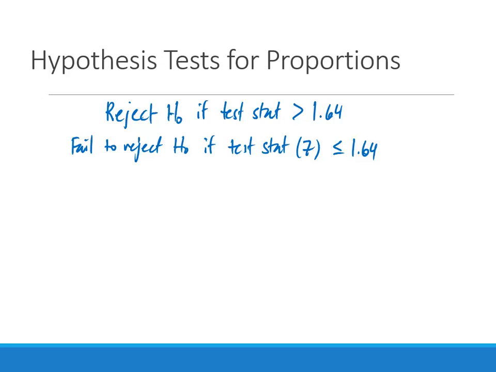Because this means my p-value will be less than 0.05, and here my p-value will be greater than 0.05.